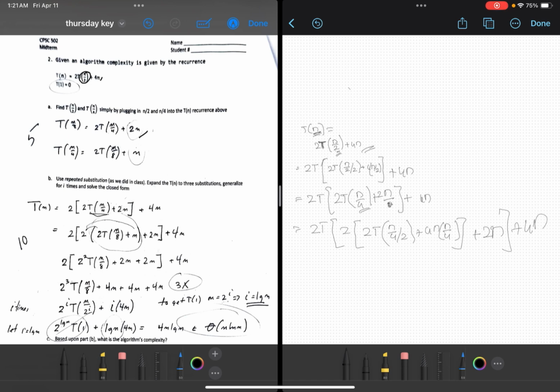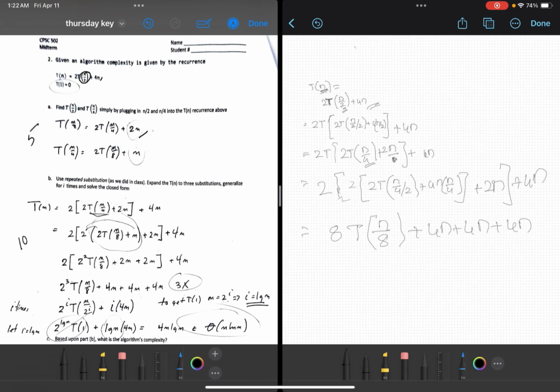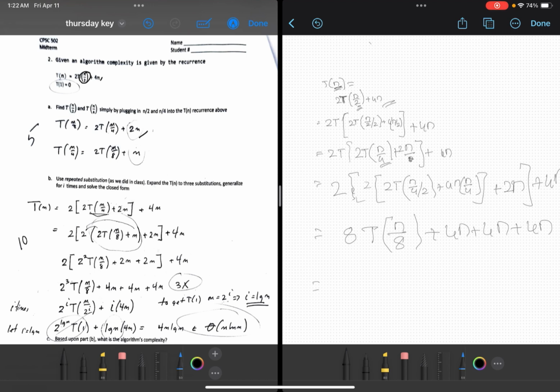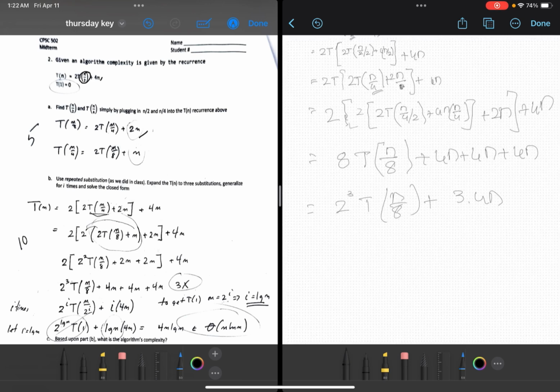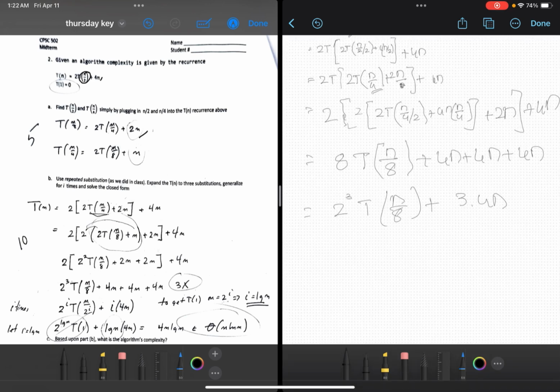Now let us simplify this a little. 8 into T of n by 8 plus 4n plus 4n plus 4n. So we can write 8 as 2 power 3 into T of n by 8 plus 3 into 4n. What you need to remember here is that we did this repeated substitution 3 times.